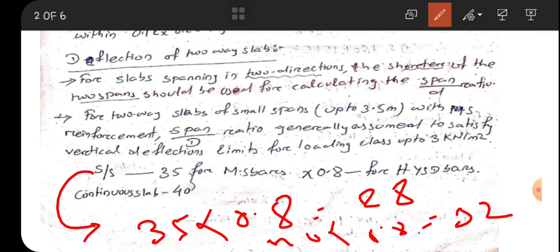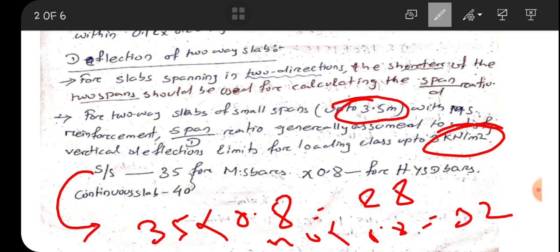If these values are exceeded, that is the span is greater than 3.5 meter and the load is greater than 3 kN per meter square, then the slab behaves as a generally simple supported slab, not like a restrained slab.